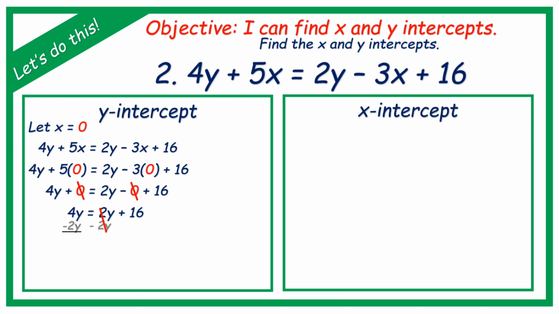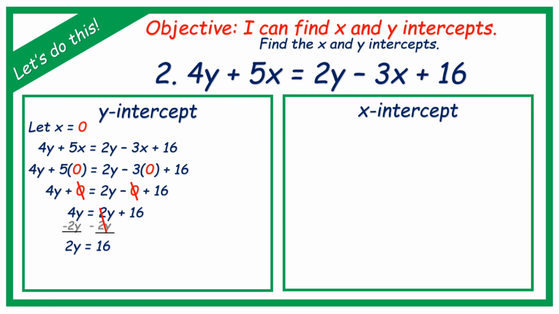When we cancel 2y on the right side, look what will happen on the left side. 4y plus negative 2y, the answer is 2y equals, just bring down 16. Just like that, don't be confused. 2y equals 16.